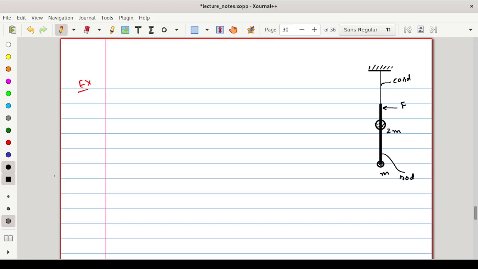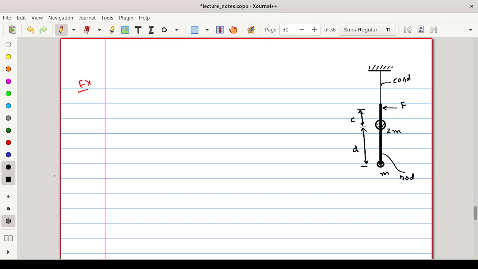The distance between these two masses is d, and the distance between this mass and the point of application of force is c.